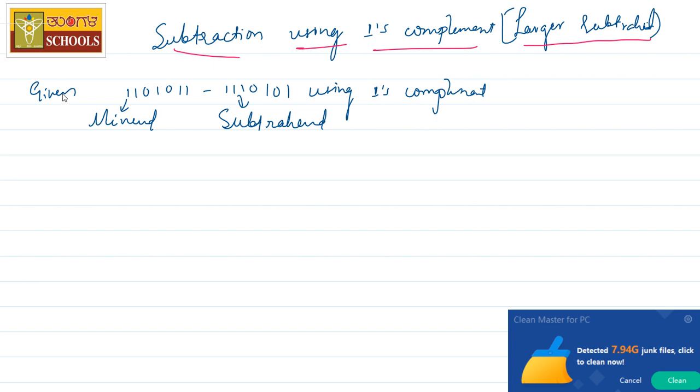For this, again we have to follow the same steps as we already followed. What we did in step 1, we have to take the 1's complement of the subtrahend. Am I right? What is the second step?